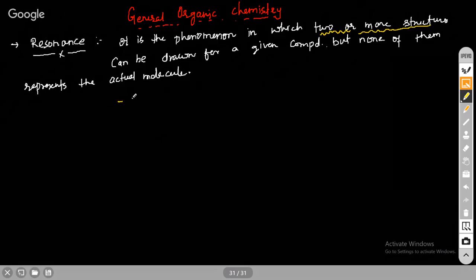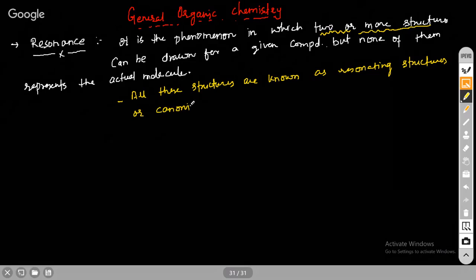Next line, write down: all these structures are known as resonating structures, or canonical structures.